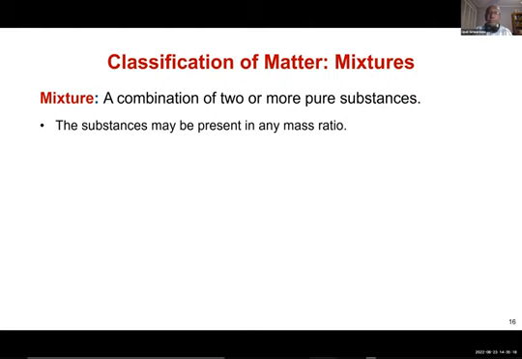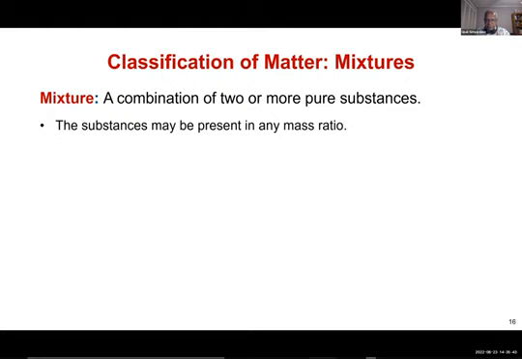When you make a homogeneous mixture of salt water, salt dissolved in water, you can dissolve a little sodium chloride in water to get a dilute solution. Dilute means less concentrated, or you can produce a more concentrated solution.